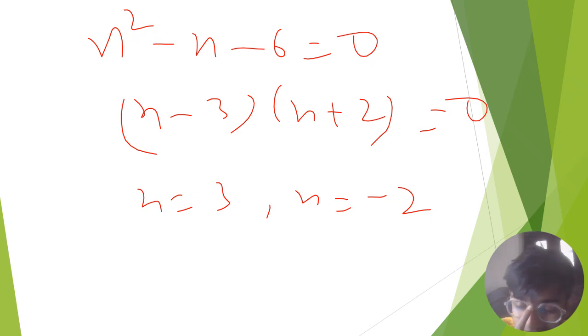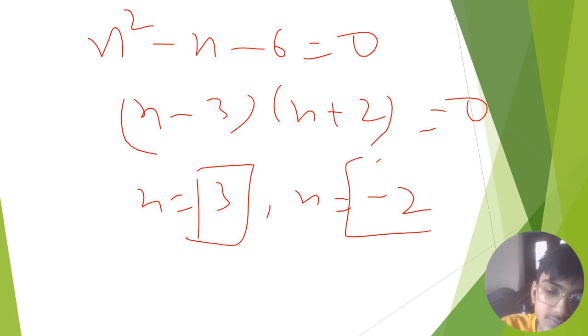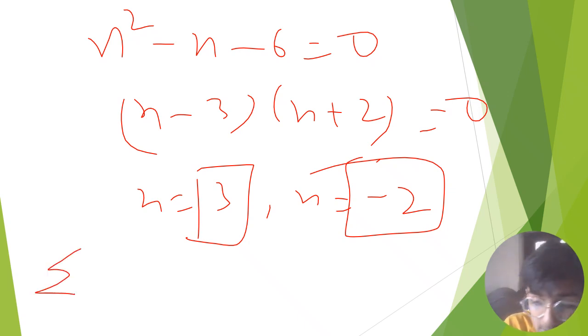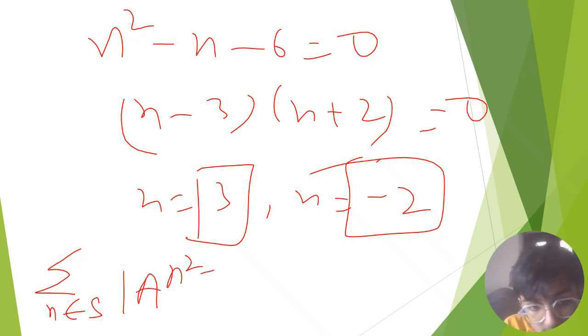And n is 3 and n is minus 2. And that was also a lesson for us, that in the last question I made you clear about the conditions of mathematics, that it should be an integer. And here it is 3 and minus 2, so we'll take both values, both are integers. So sigma n belongs to the sample space, like this. 3 square is 9. 9 plus 3, how much? 12.